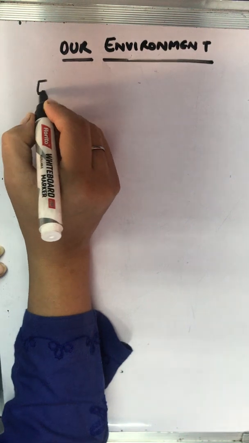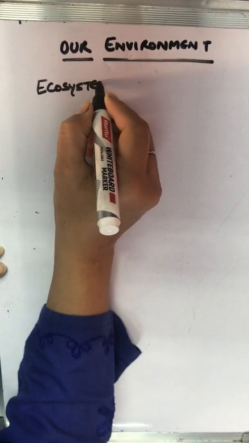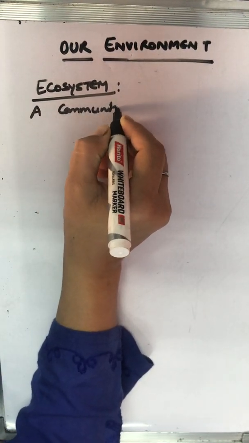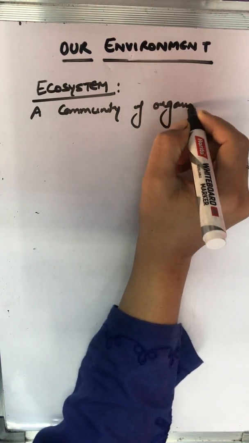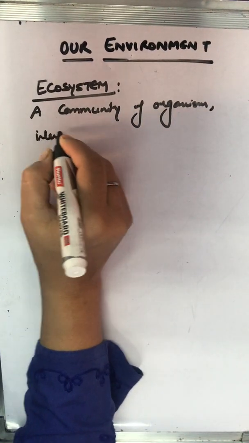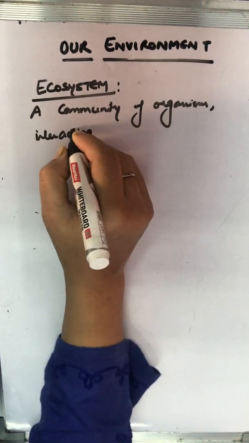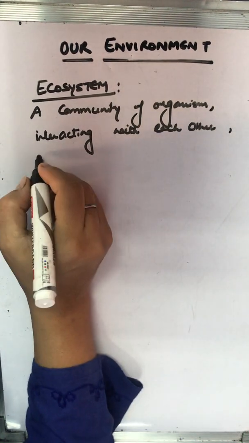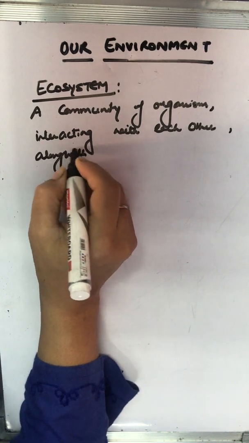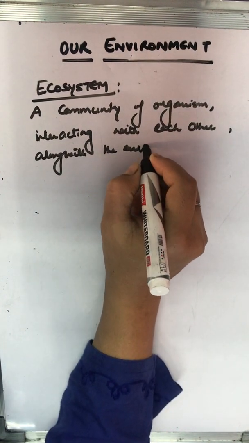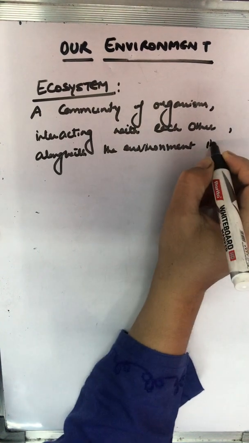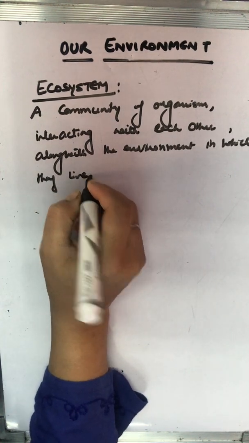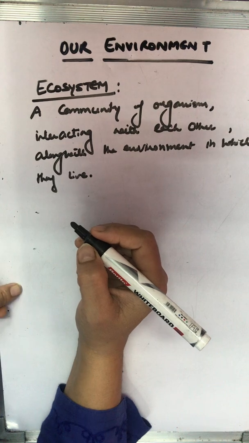That is the ecosystem. An ecosystem is a community of organisms interacting with each other along with the environment in which they live, and with which they also interact.